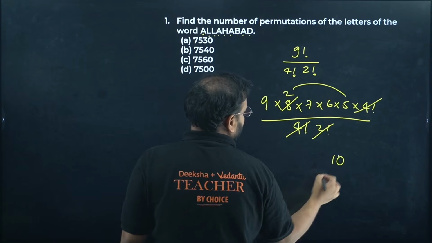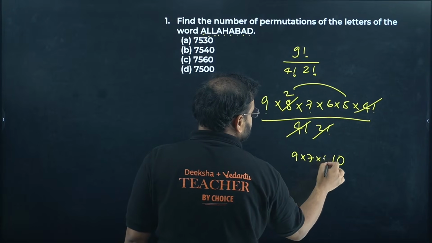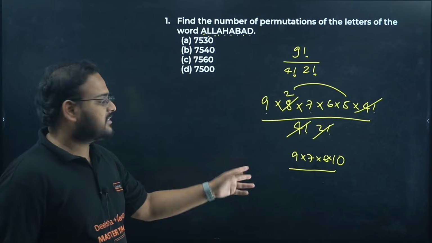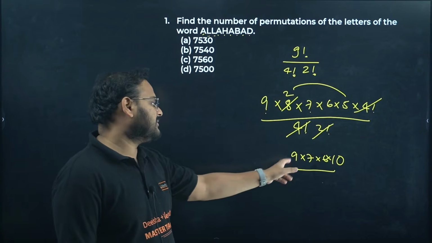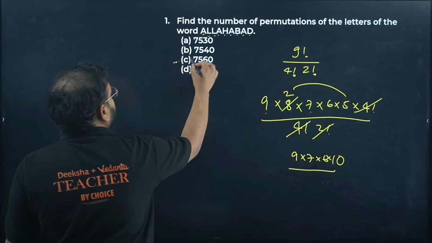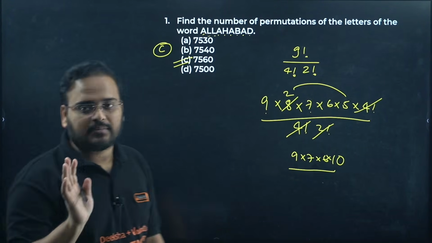Now multiply this. 9, 7, 6 into 10. 7 6s are 42, 9 7s are 63 into 6, your choice. Answer should come as 7560. Just wanted to explain to you how it works out when there is repetition. I hope it makes sense.